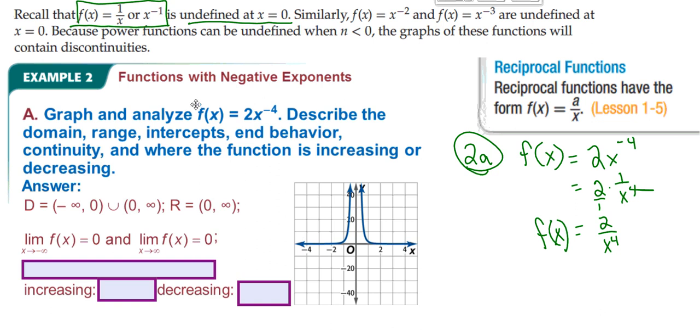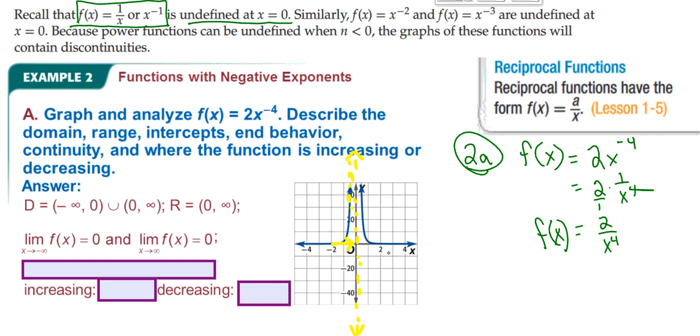The next thing we have to talk about is continuity, and we already said it's discontinuous here, and it does have an asymptote here. It's not drawn in on the axis, but there would be an asymptote there. And we also talked about how to find that: as it gets close to 0 from the negative side, it's going to positive infinity.